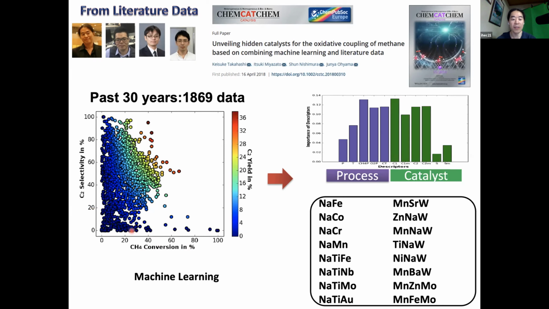But if you convert less CH4, then you get more C2 selectivity. So this shows inversely proportional data. But in reality, what we want is to convert more CH4 and also get more C2. This is the target area we want to reach. And in the past 30 years, people couldn't achieve this area.